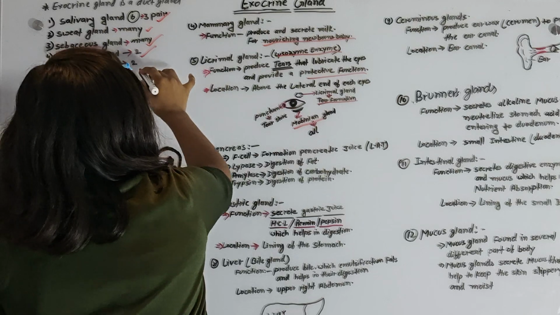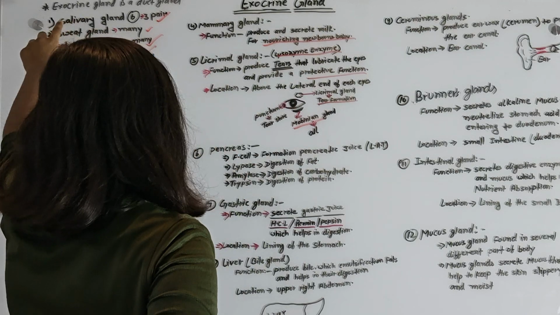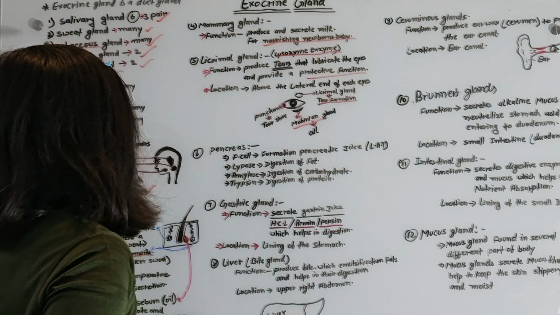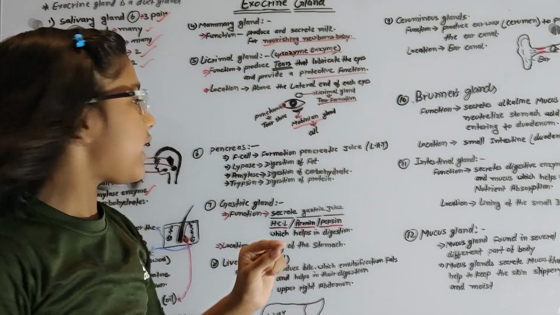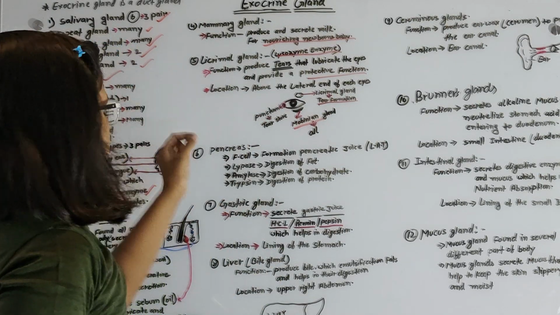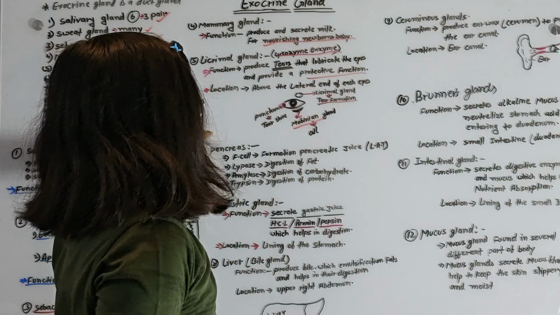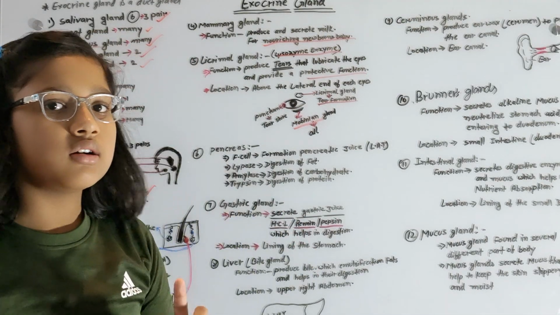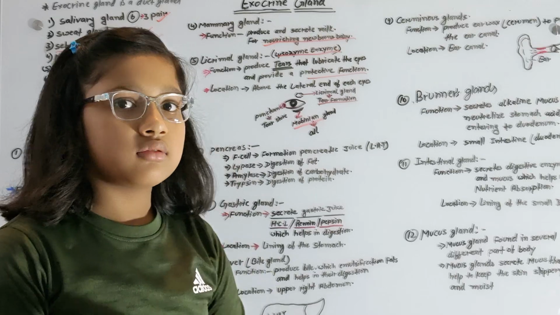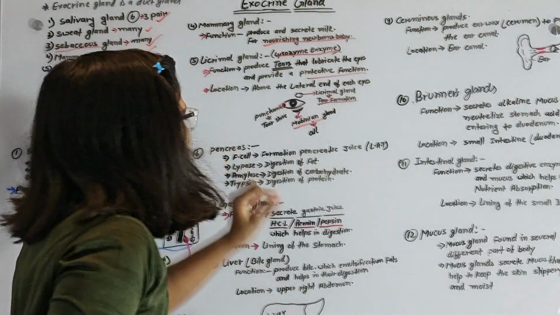Now pancreas. We will do pancreas. We have done salivary gland, sweat gland, sebaceous gland, mammary gland, lacrimal gland. Now we will do pancreas. In pancreas we have done alpha, beta, delta. Now we will do F cell.